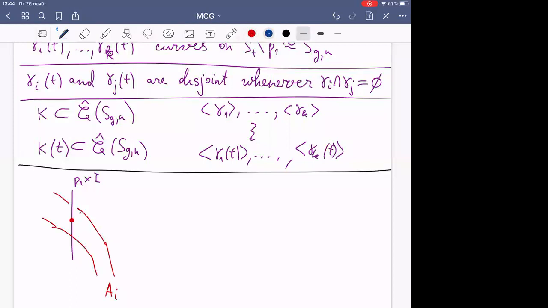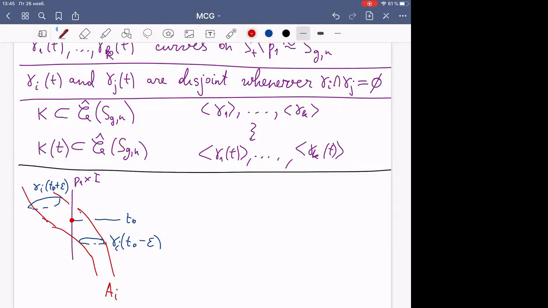We have a curve gamma, let this be time t0. We have the curve gamma_i of t0 minus epsilon below this point, and we have the curve gamma_i of t0 plus epsilon above this point.